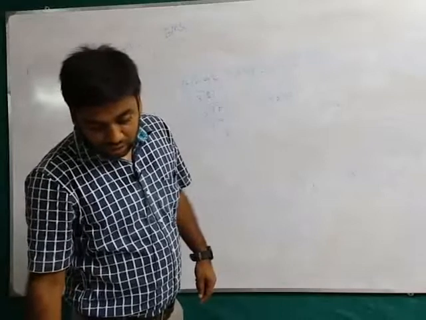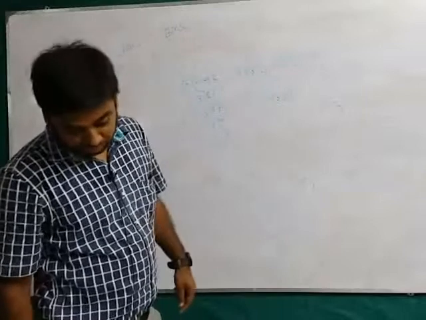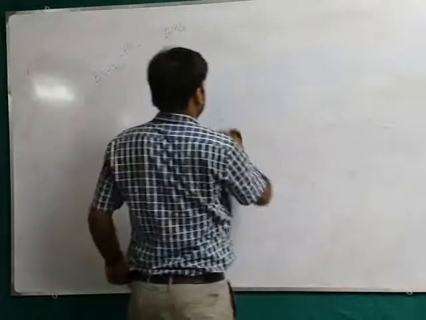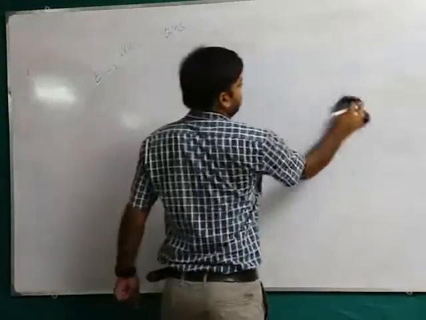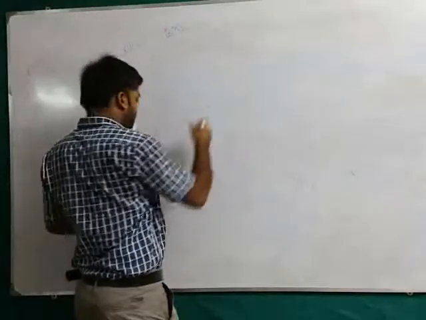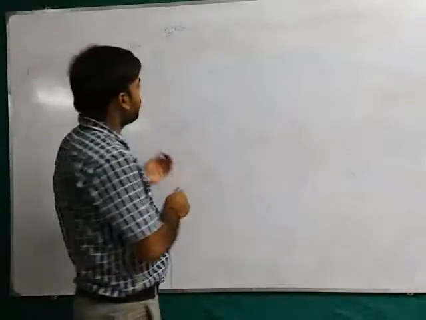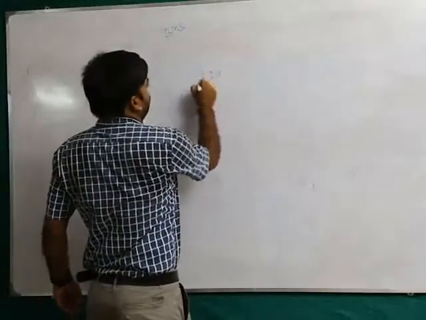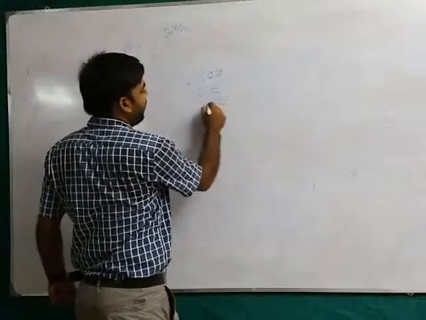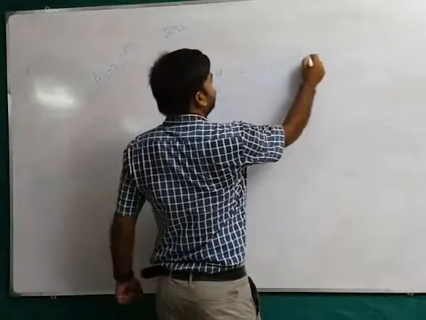Next, I am solving the last part of question number 2, that is 100. First 2, 50, 2, 25, 5 and 5. So 100 equals 2 into 2 into 5 into 5.